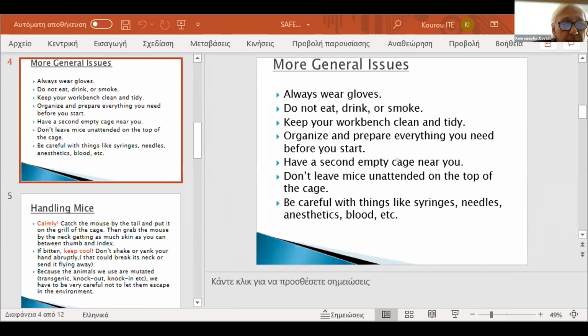So you take the mouse out of the cage where it is kept, do whatever you have to do, injections or whatever, and then put it in the empty cage before you take the next mouse. Never leave it on the top of the cage because it will just jump off and run away. And of course, be careful with the things you use.